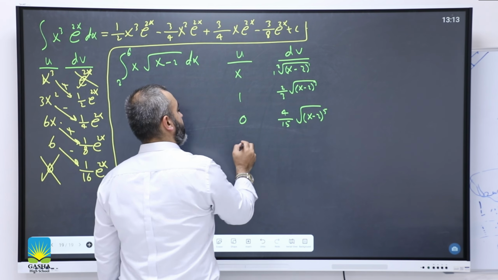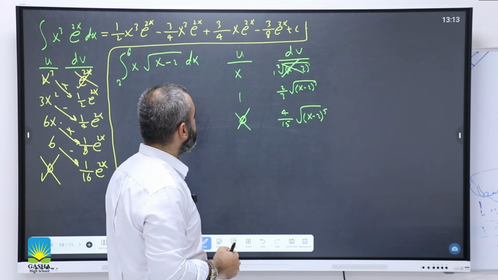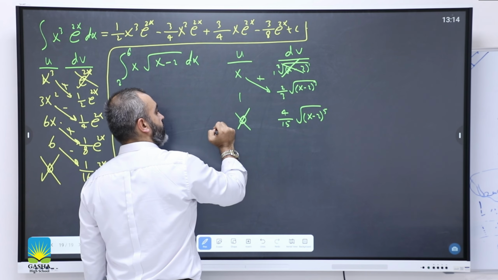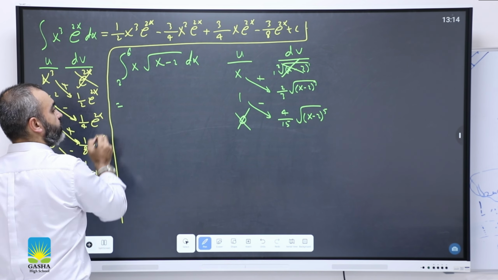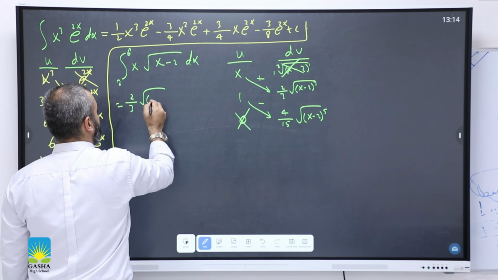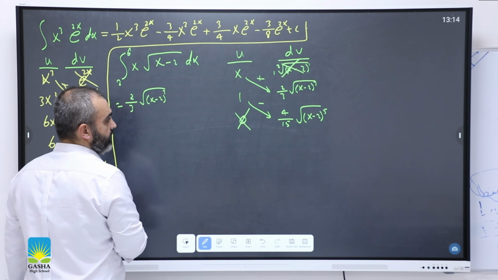So we cancel the 0 and the first term of dv, and we times by positive and we times by negative, so equal to 2 over 3 square root of x minus 2 to the power 3, right?